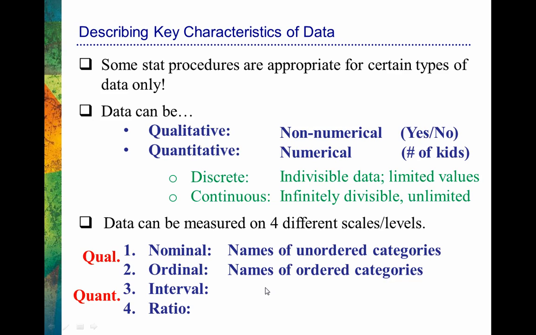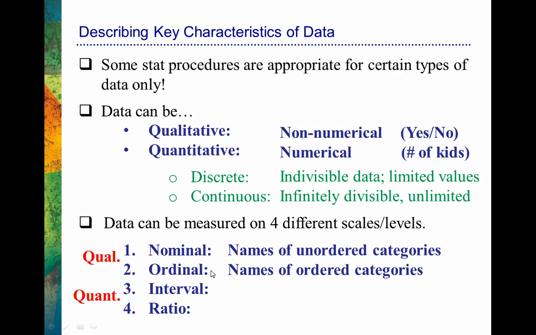So I have something like compact car, mid-size car, full-size car, luxury car, SUV, something like that. You can see that there's an order that makes sense with those categories. So I have names of categories, compact car, mid-size car, full-size car. Those are names, but I can place those names in some meaningful order. Well, that's an ordinal level scale.